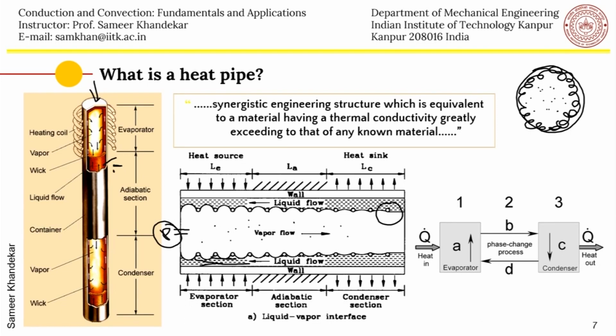If it is ethanol, then it will show the saturation pressure corresponding to ethanol at room temperature, let us say 25 degrees centigrade. Your phase tables or thermodynamic property tables will tell you the saturation pressure corresponding to the temperature at which the heat pipe is stored.